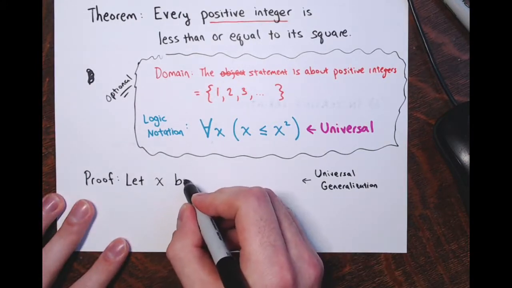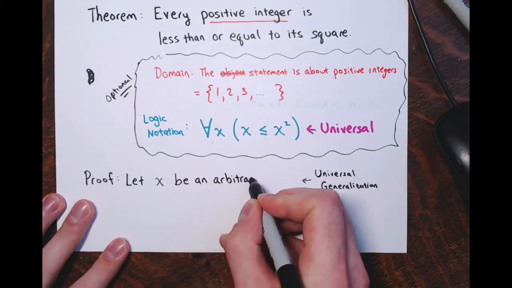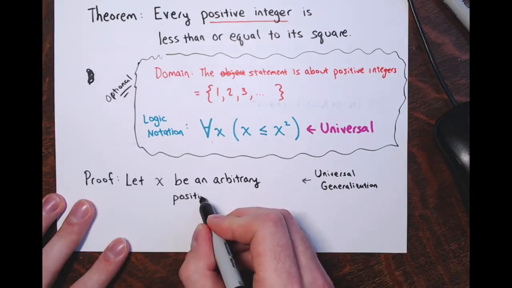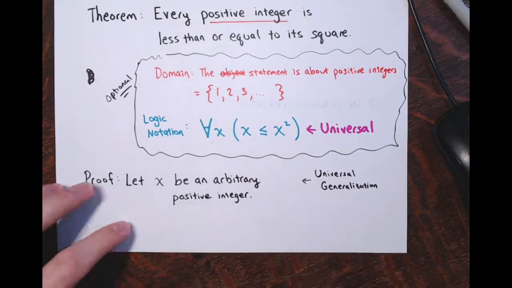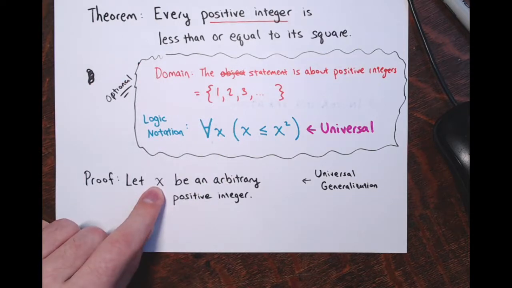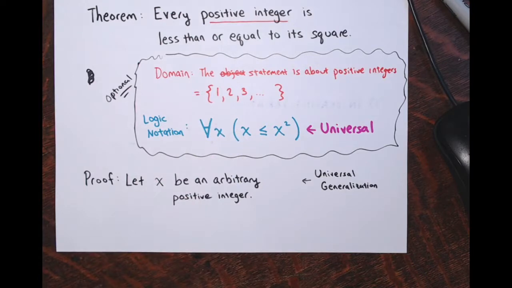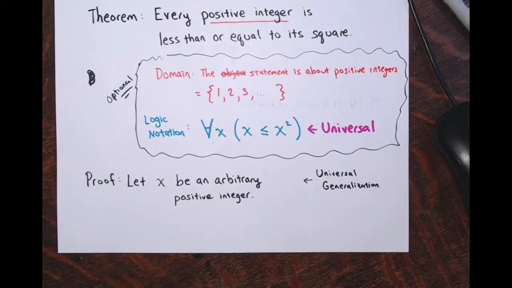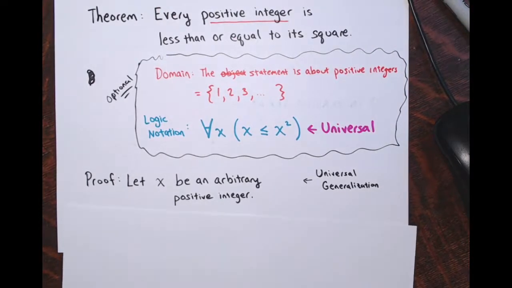Let x be an arbitrary positive integer. So I go from having infinitely many to letting one variable, one expression represent everybody from that domain. That way we can generalize everything from the domain without actually going one member at a time.